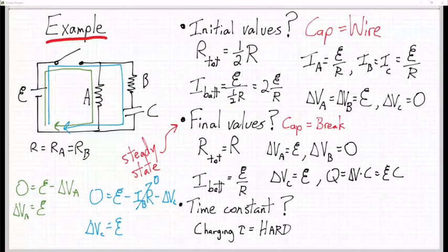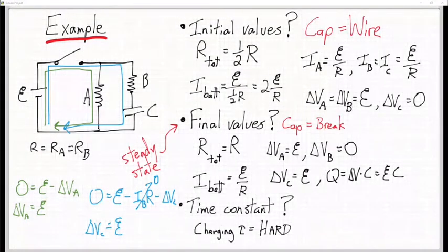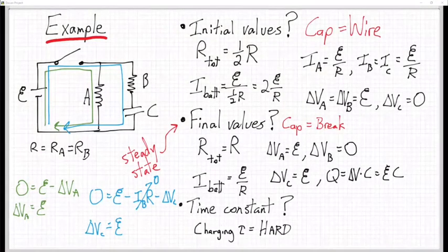So that means R has to be a function of time here, which means that solving the differential equation is going to be different. The differential equation we set up before only had I and Q as functions of time. If R is also a function of time, much more complicated. So finding that charging time constant is not easy. Would require a different approach.